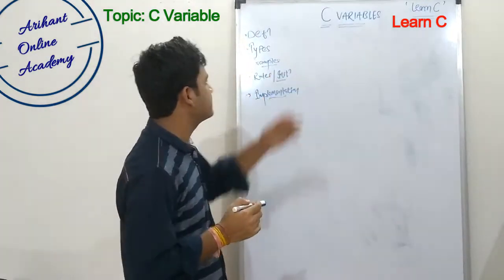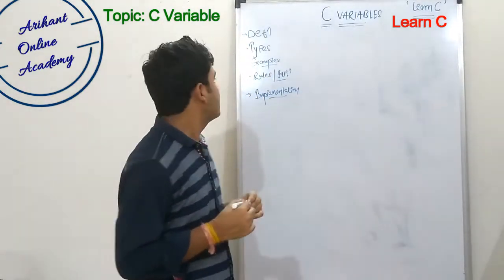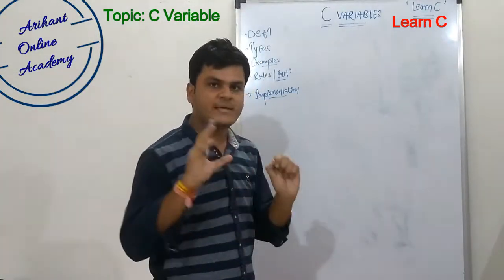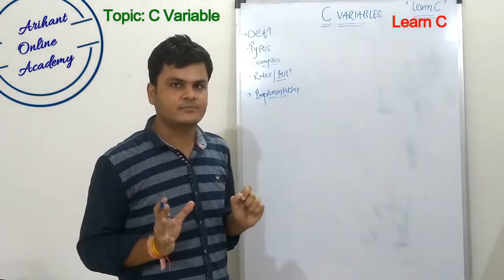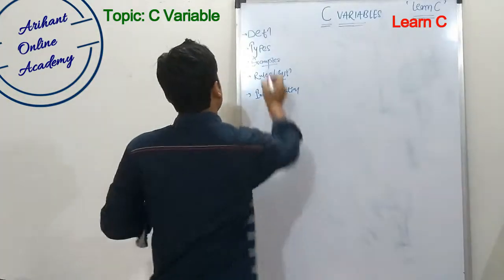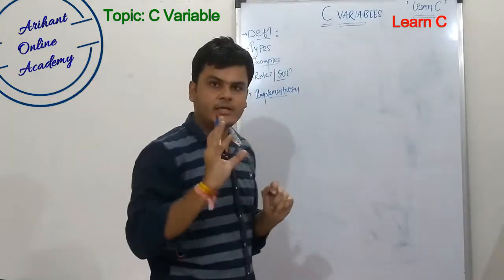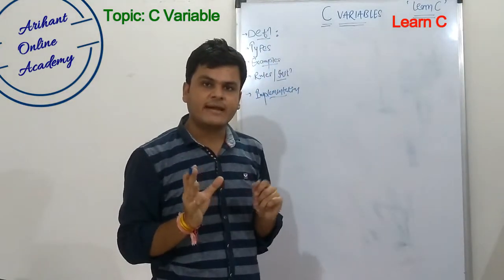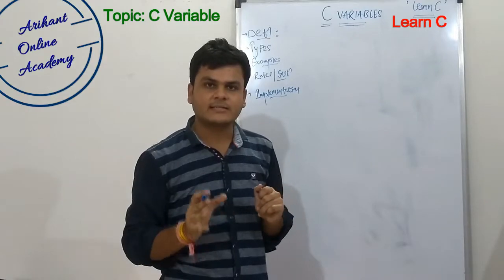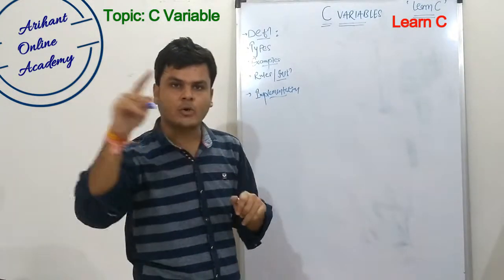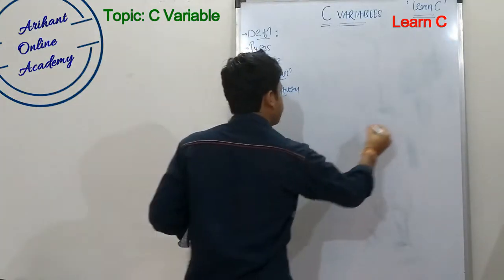Now let's discuss C variables. So what are C variables? For the purpose of basic understanding, let's start from the definition. If an entity is changing during execution of the program, it's called a variable. For example, a variable name is given to a memory location.